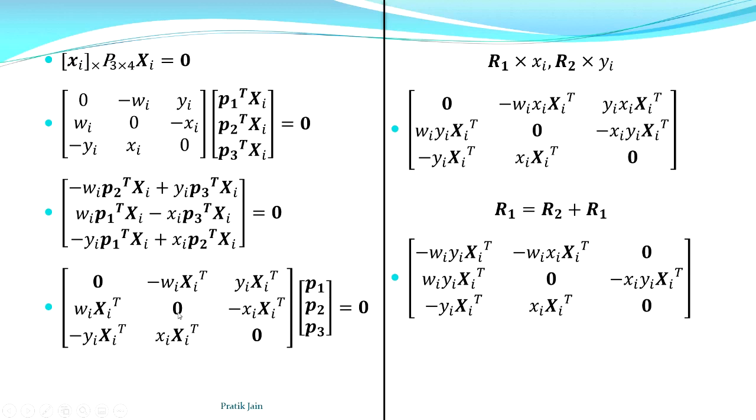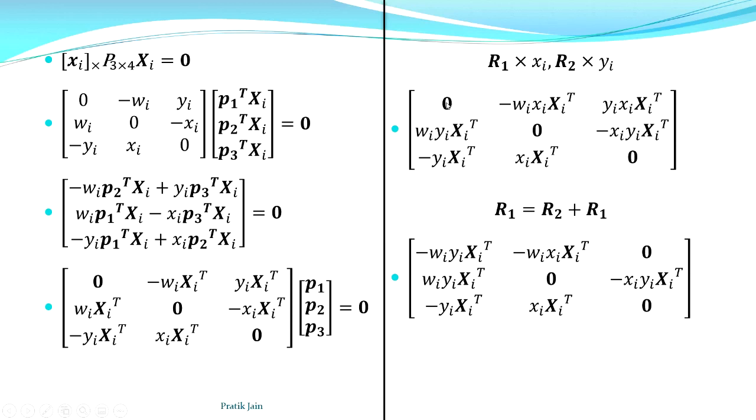Now if you see this matrix over here, if I multiply this row by x_i and this row by y_i, you will get a form like this. Here I'll get an x_i term over here and an x_i term over here, and this is anyway 0, and multiplying this term by y_i, I'll get a y_i over here and a y_i over here.